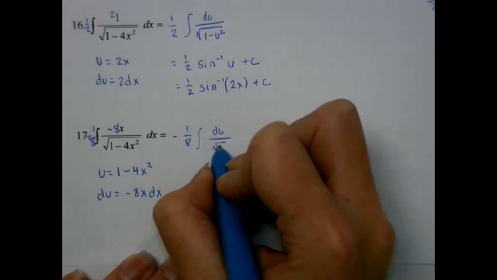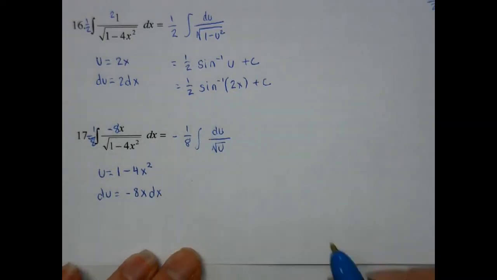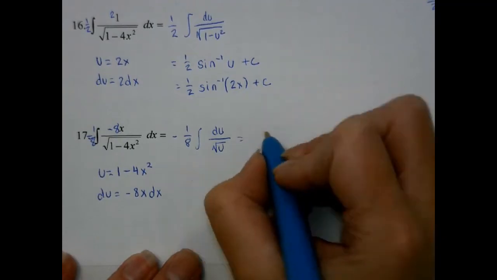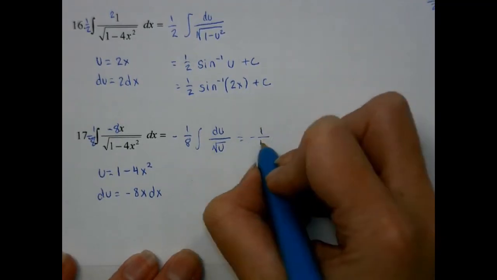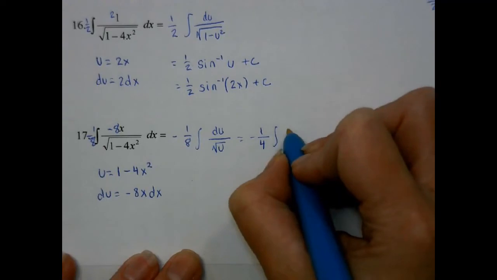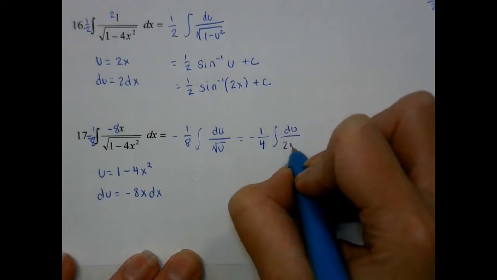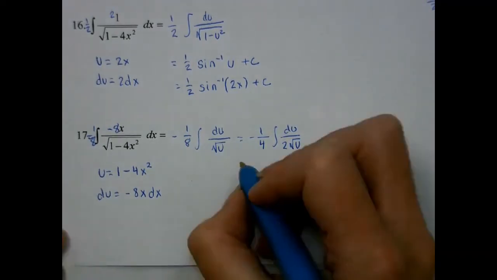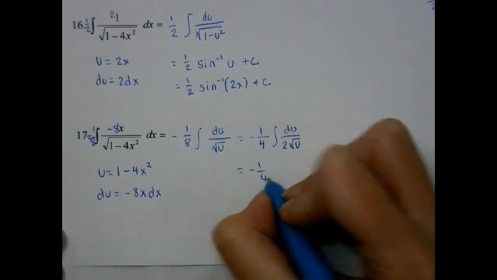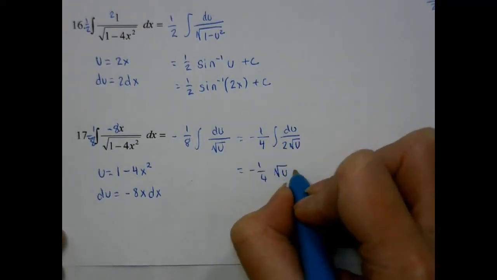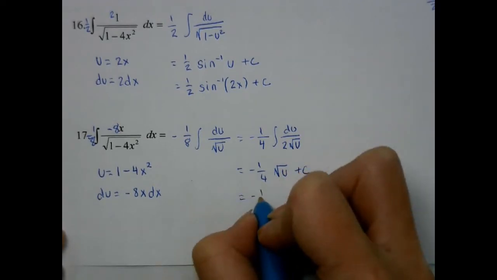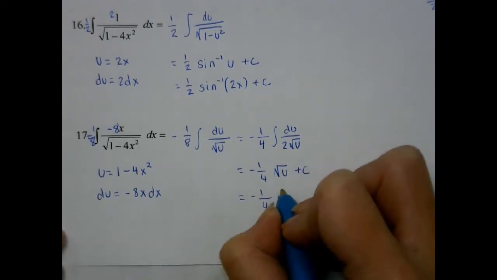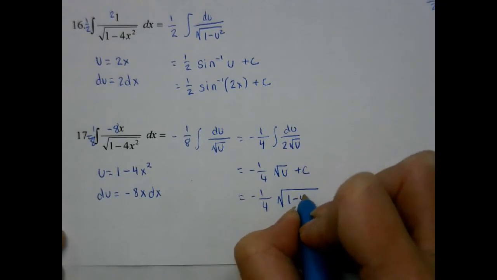Okay, and I'm going to actually rewrite this one more time before I integrate it. I'm going to split this up and put a 2 with that root u, because now I can see that that is the square root of u. So this is negative 1/4 times the square root of 1 minus 4x squared plus c.